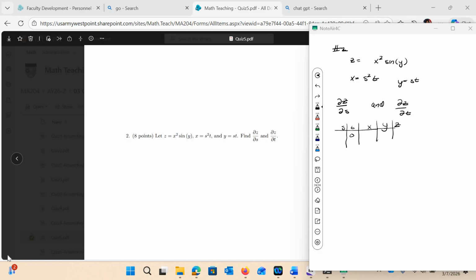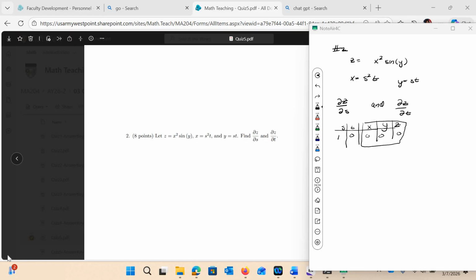Well, 0, 0 is too boring, so let's put in 1 here. Then x would be 0, and y would be 0, and then z would be 0 times sine of 0, which is 0.